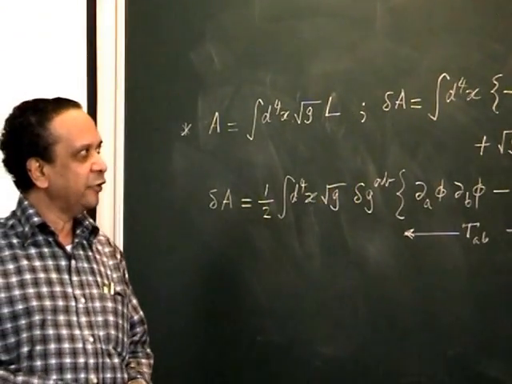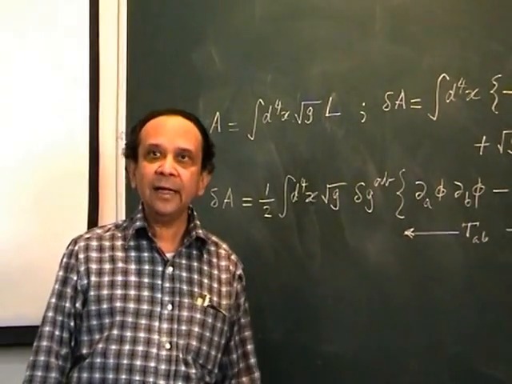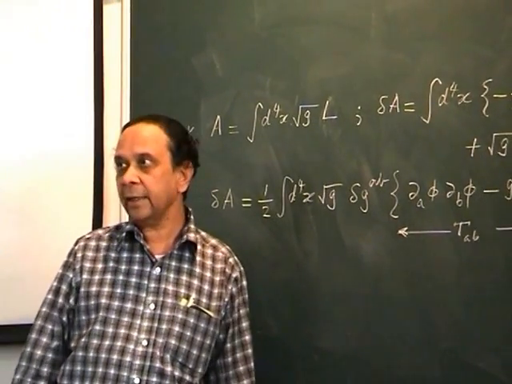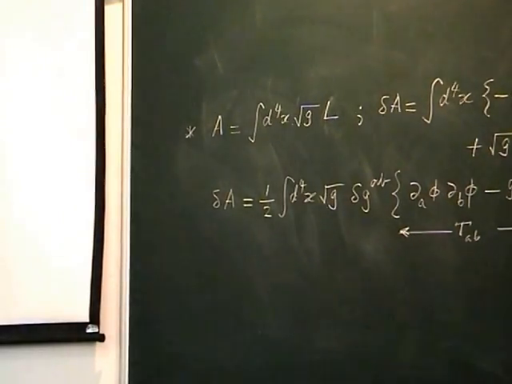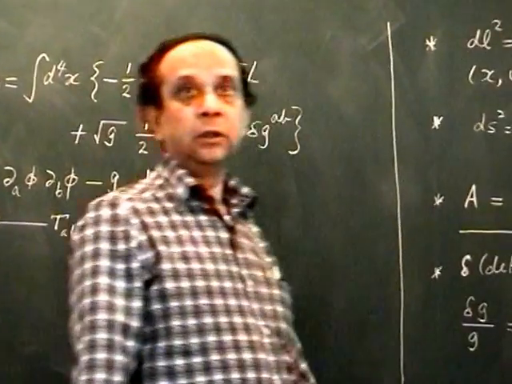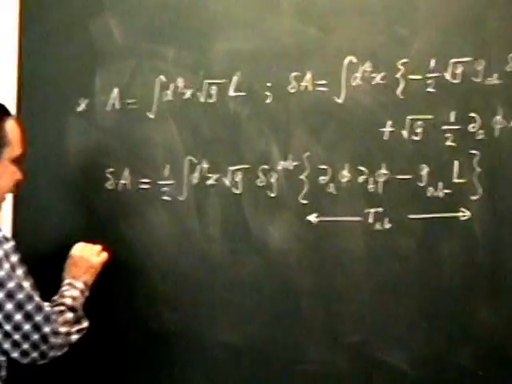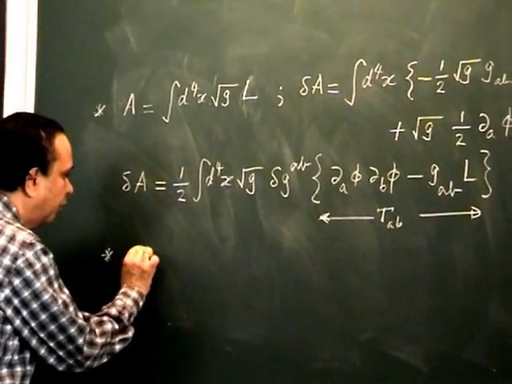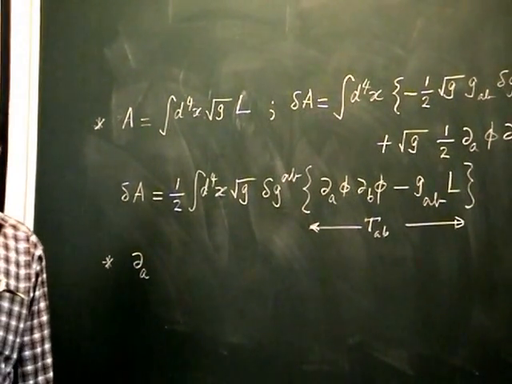The second thing which you can do now that we are at it is to write down the field equations. What are the field equations which emerge from this action? The field equations again we have done before. It is going to be ∂_A of π^A, right?